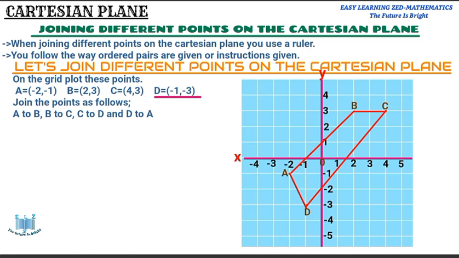So you need to follow instructions when you're joining points, because that's how you can come up with the shape the examiners are trying to ask you to form. So basically, this is how you join points.